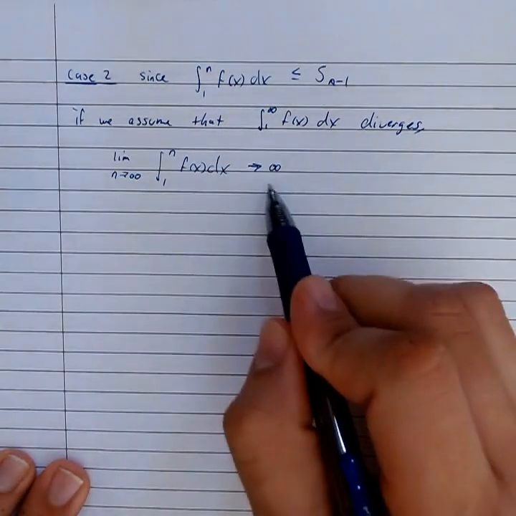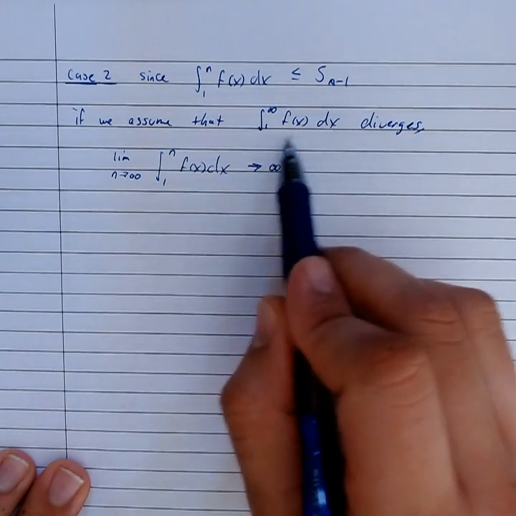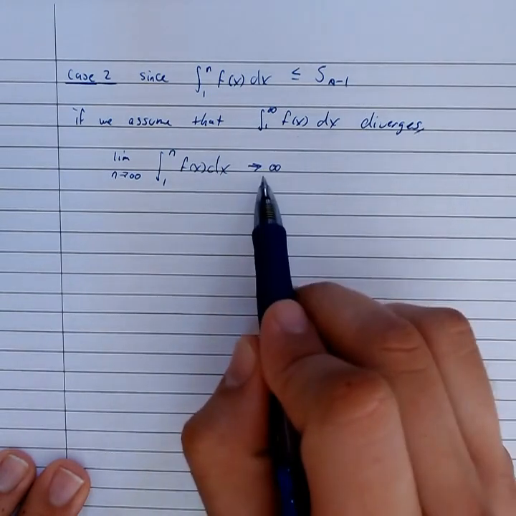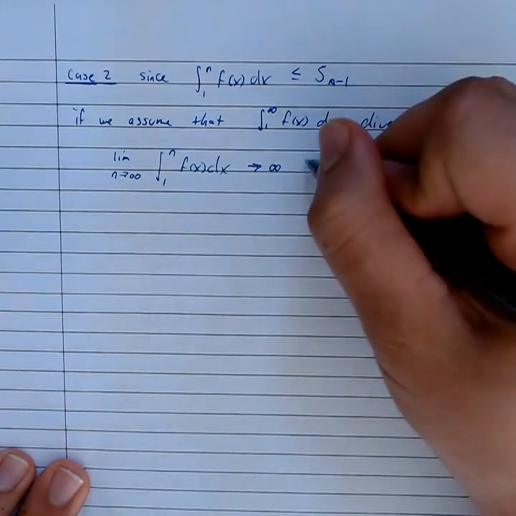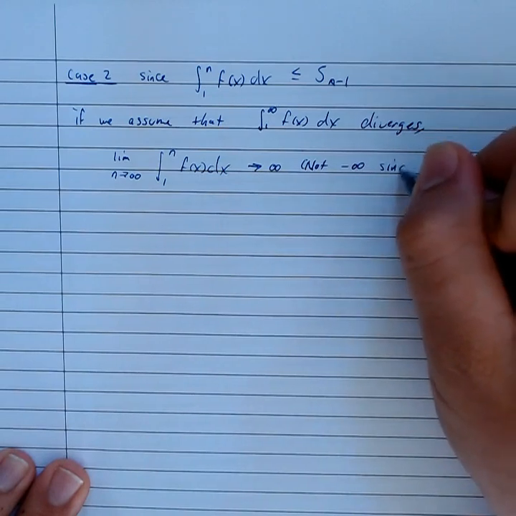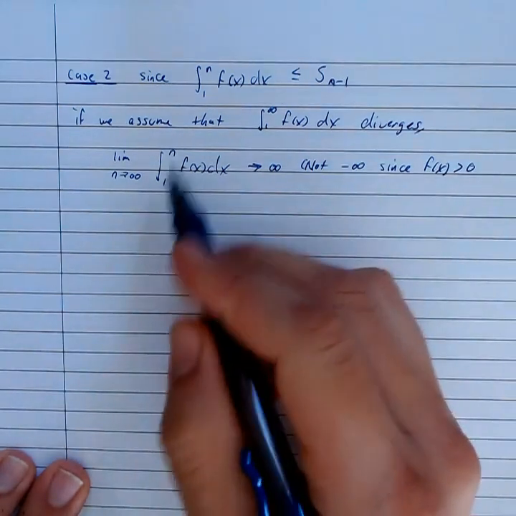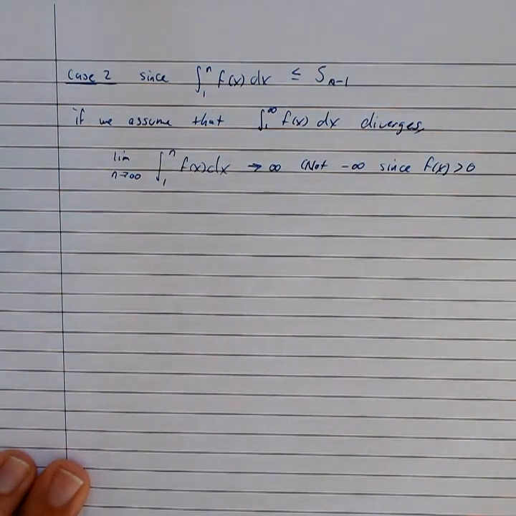You say, well, how do you know it's not negative infinity? Because, of course, these are all positive terms, right? F of x was strictly positive. So here it must go to infinity, not minus infinity, since f is positive. From 1 up to whatever number you need.